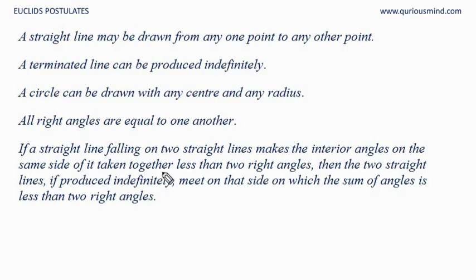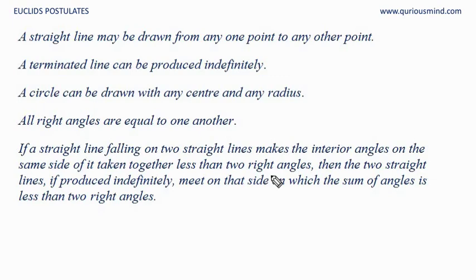If taken together, so if we add those co-interior angles and they are less than two right angles, less than two right angles means they are not supplementary, because supplementary is equal to 180. And if they are not supplementary, that clearly indicates those two lines are not parallel, because if those lines were parallel, these co-interior angles would be supplementary. We have learned that.